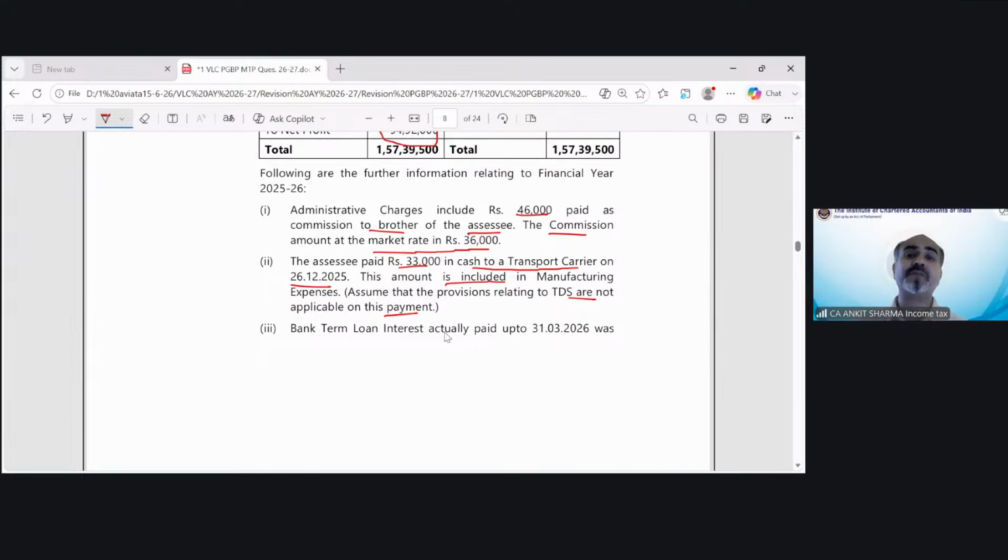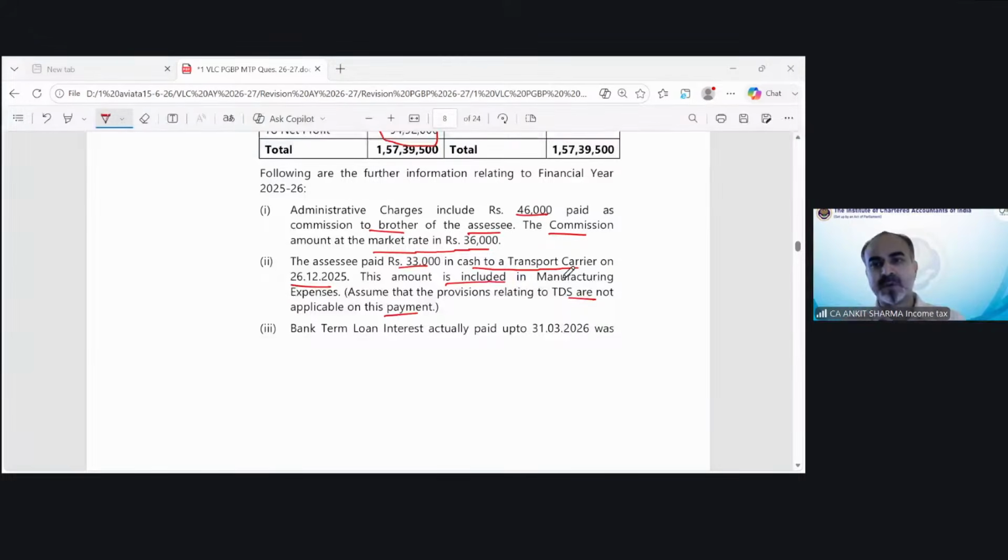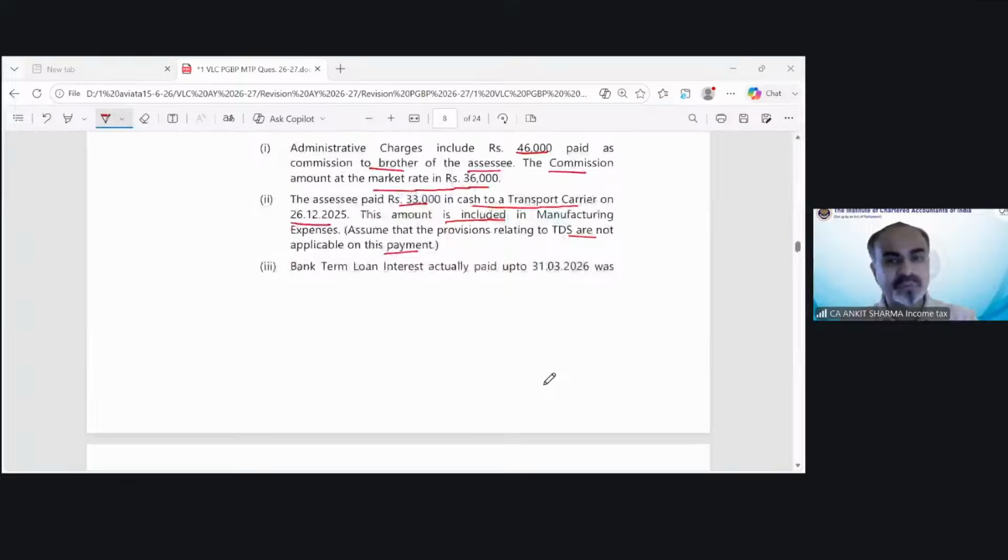But in case of transport, what is the limit? Please tell. Yes, in case of transport, it's 35,000 rupees. And because in this example, the payment is 33,000, which is within the threshold limit of 35,000, we do not need to do anything with point number 2.